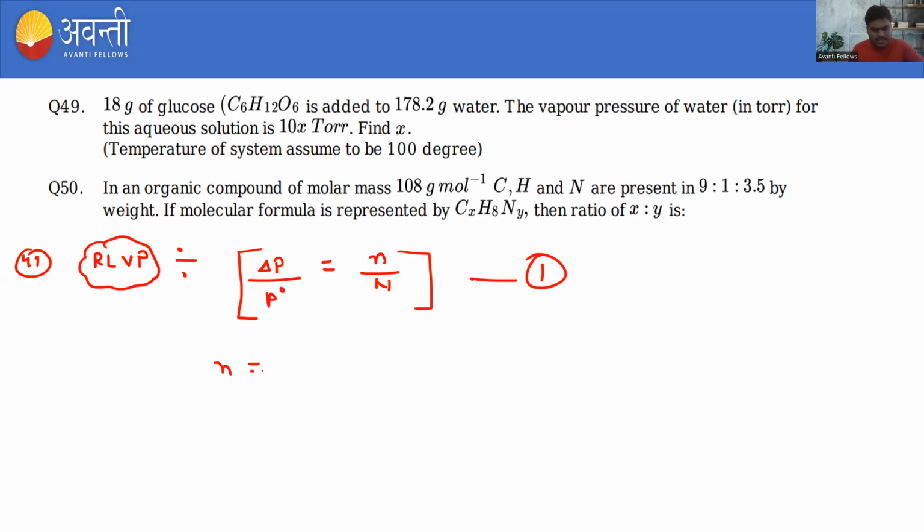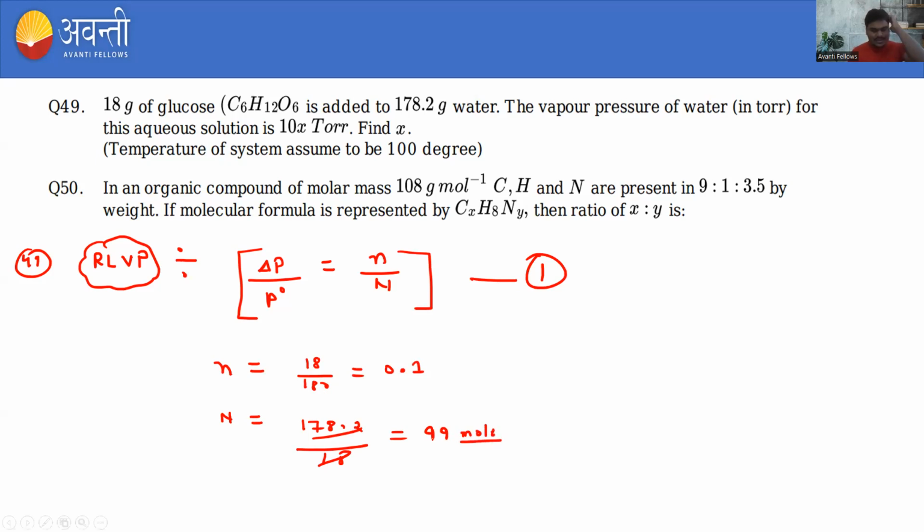The data is already given. The number of moles of glucose: 18 gram of glucose is given and the molecular mass is 180, so this comes out to be 0.1. Similarly, how will you calculate capital N? For capital N, the mass of the solvent is given, 178.2 gram of water, divided by 18. So this comes out to be 9.9.